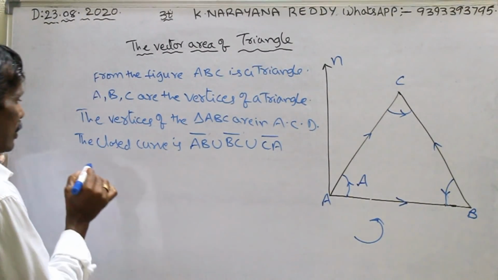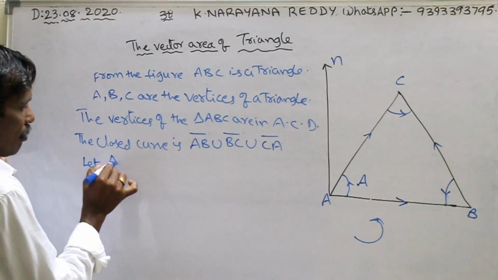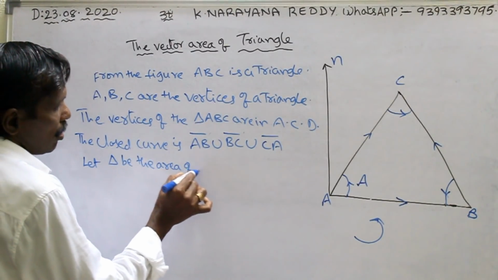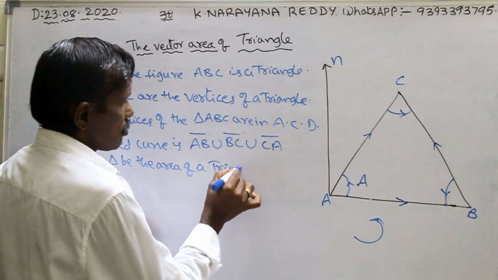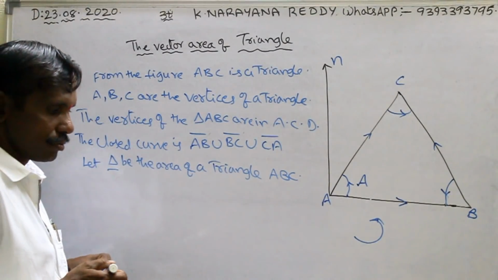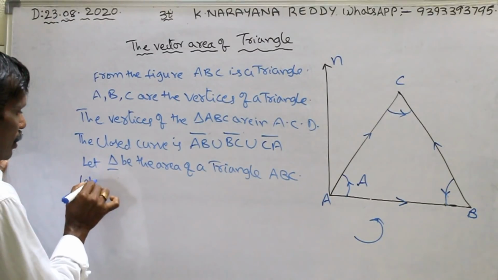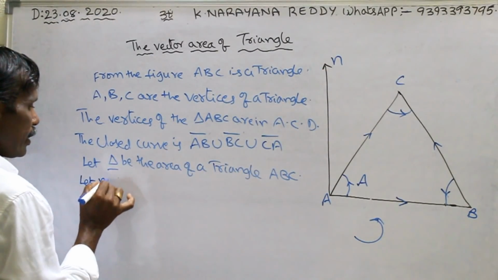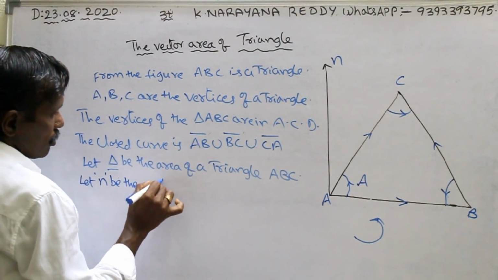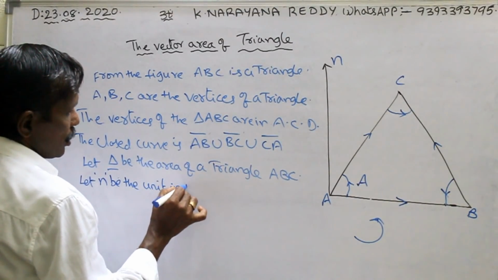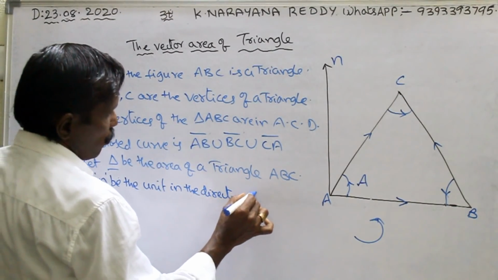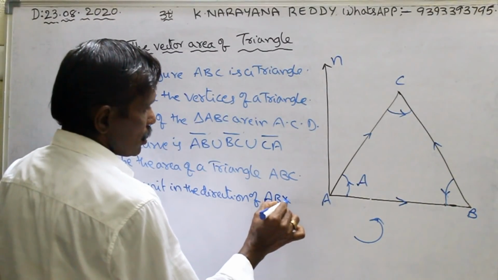Let del be the area of triangle ABC. Now let n be the unit vector in the direction of AB cross AC.